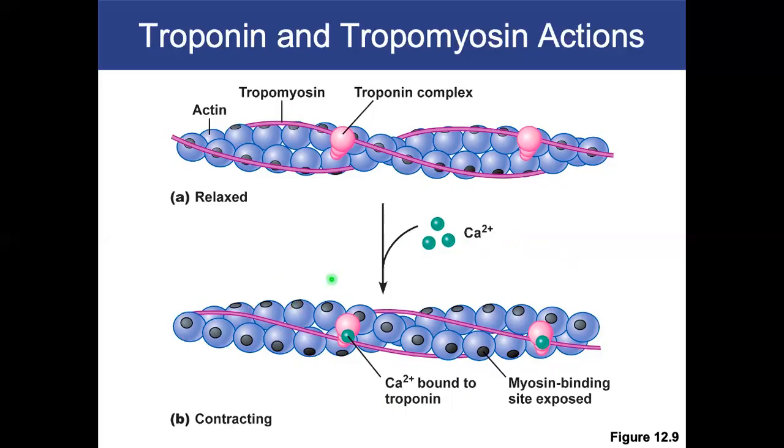Okay, so what do we have to have in order for myosin to bind to actin? You have to have calcium. Okay, so that's one of the molecules you have to have. Calcium has to bind here in order to get troponin to move tropomyosin out of the myosin binding sites on actin.